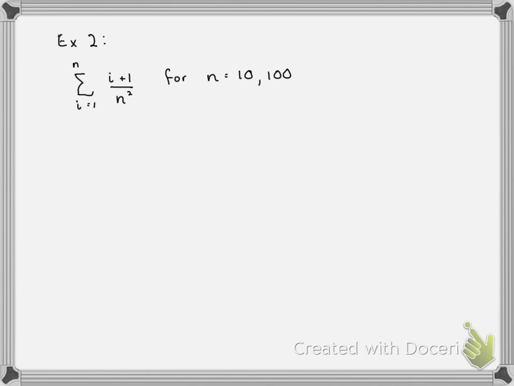So the process would be to factor out that n squared, okay? So when we do that, we're going to say 1 over n squared times the sum from 1 to n of i plus 1.